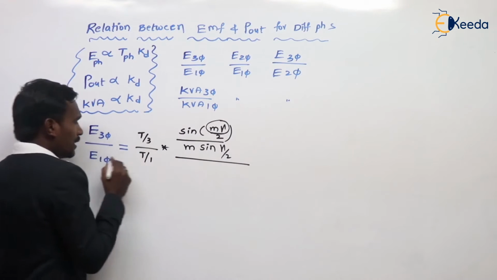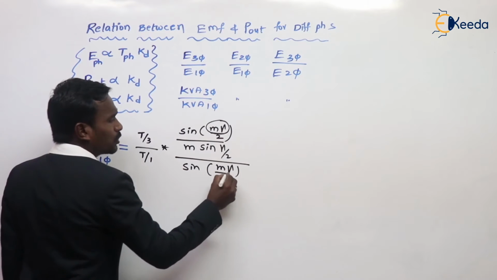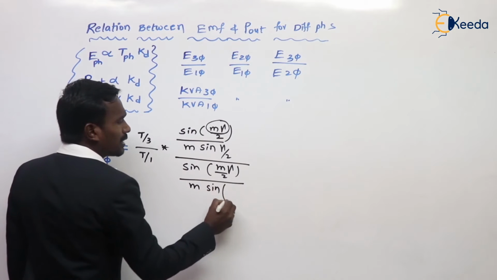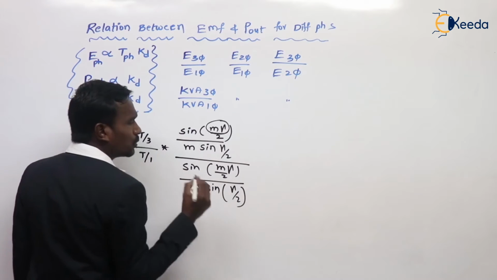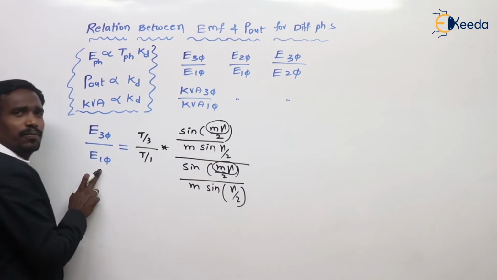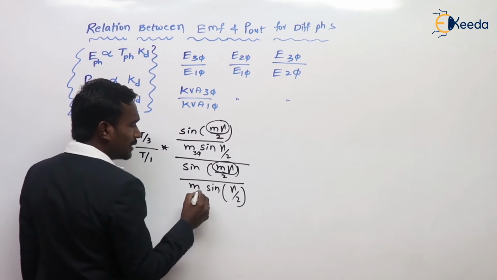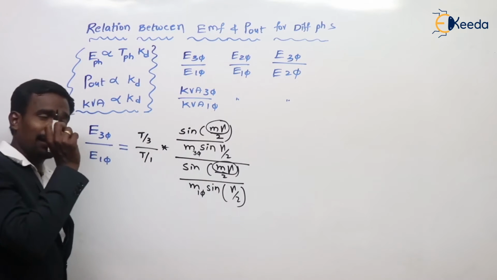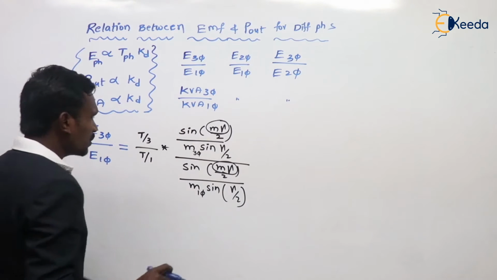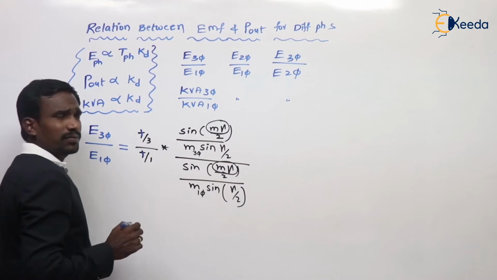As usual, here also sine of mγ by 2 upon m into sine of γ by 2. This mγ we also know for single phase. This m is for 3 phase and this m is for single phase. So see here, this T gets cancelled.